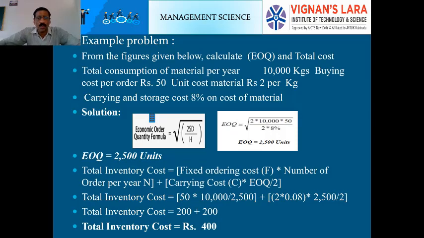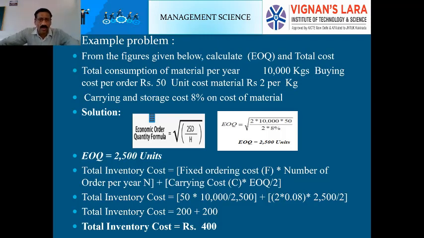Substitute the above information. First of all, 2 into annual demand 10,000 into 50, that means ordering cost. Next, divided by 8% of 2, we obtain EOQ equal to 2,500 units per annum.